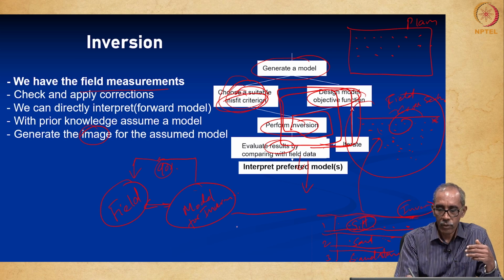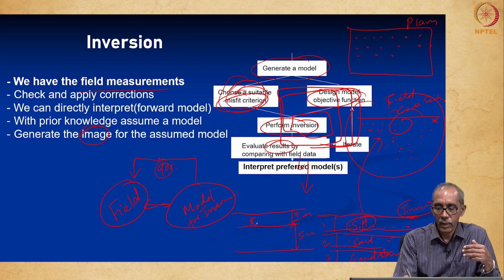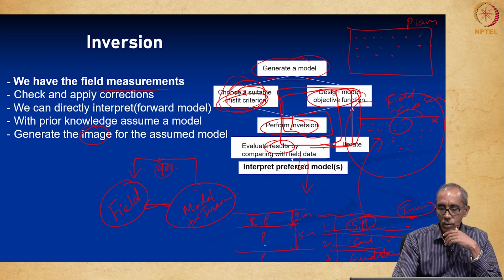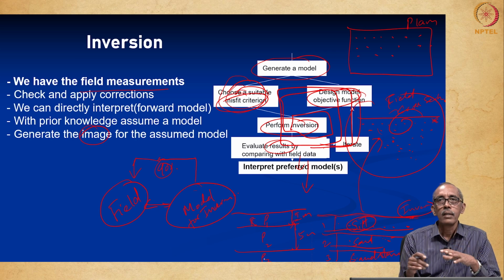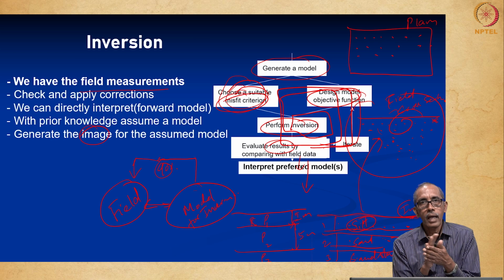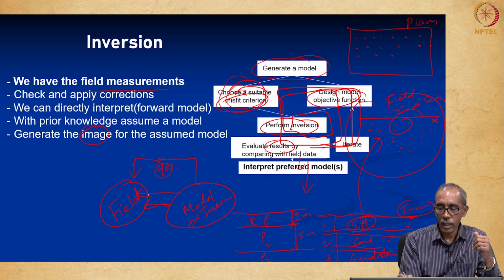For example, I would have assumed the first layer is of 1 meter thickness, the second layer is of 5 meter thickness, and they are of certain resistivity, maybe given by the letter rho. Resistivity of the first layer rho 1, rho 2, rho 3. We have assumed and estimated the IP data and compared it with the field data. Now, we could get a 90% match. So, what does it indicate?